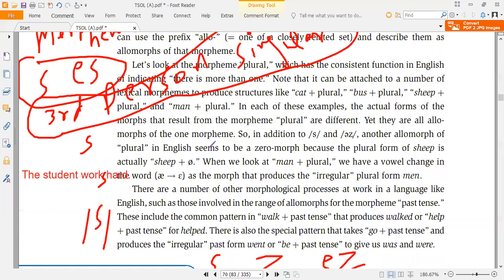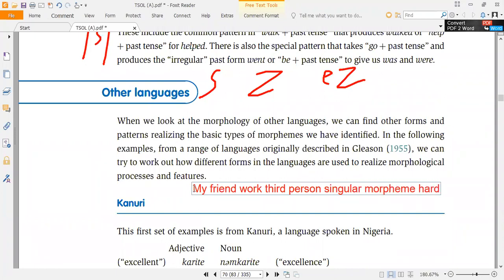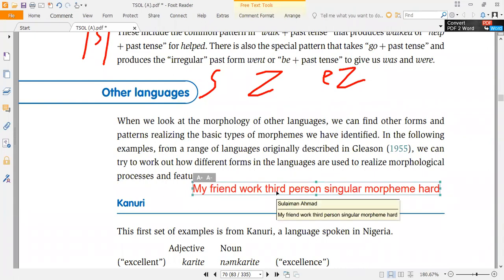Have you ever written in your paper or notes that my friends work third person singular morpheme hard? Have you ever written such a sentence, or have you ever seen such a sentence in your life?